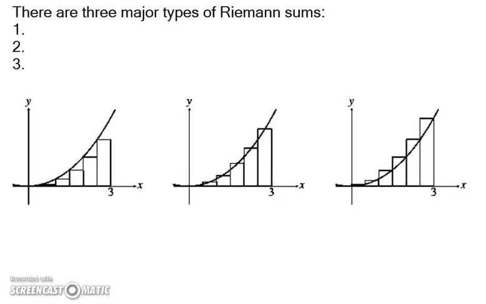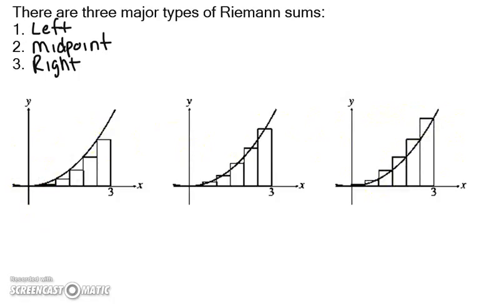So there's going to be three major types of Riemann sums that we're going to be talking about. We're going to number these 1, 2, and 3. This first one here is going to be called a left Riemann sum. Then we have a midpoint Riemann sum for the second one. And we have a right Riemann sum in the number 3 over here.